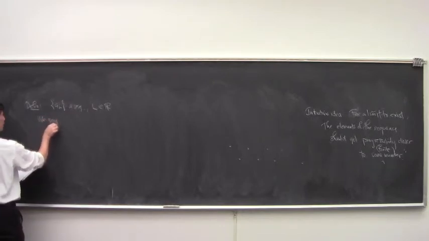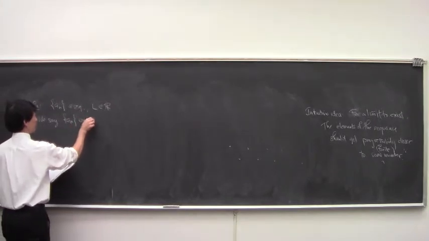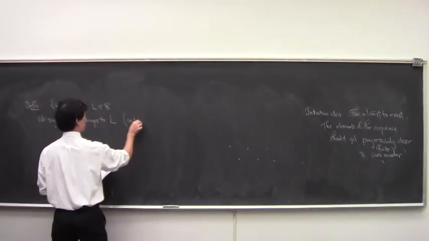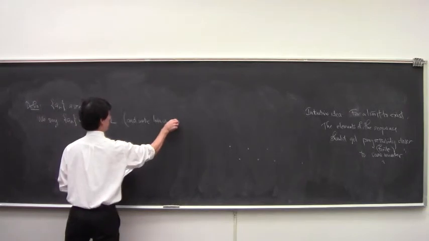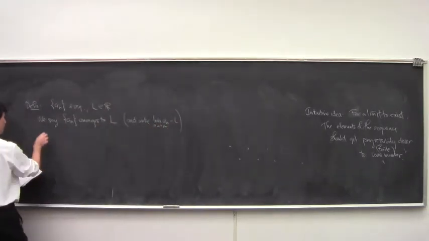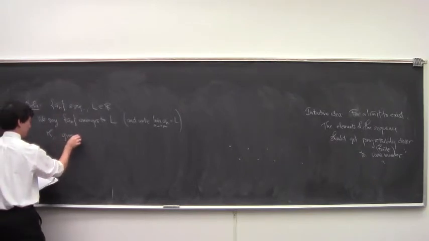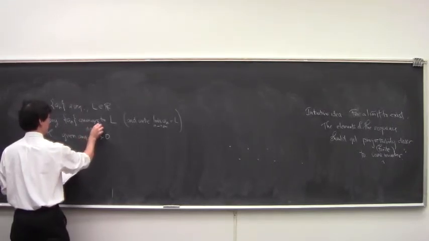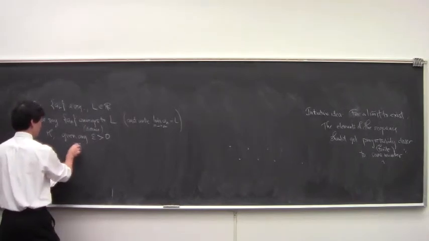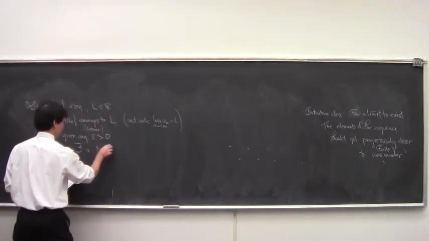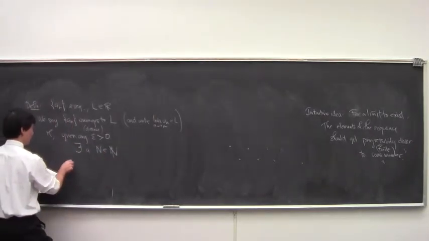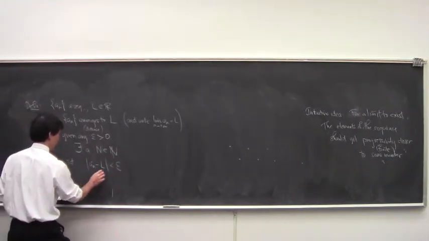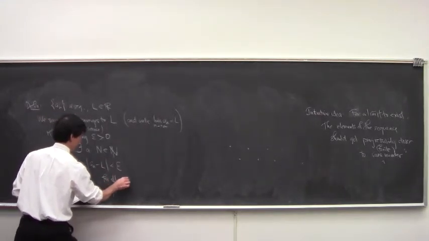We say a_n converges to L, and write the limit of a_n is L as n goes to infinity, if, given any distance epsilon, so you want to think of this as some distance, there exists a number N in the naturals such that |a_n minus L| is less than epsilon for all n bigger than N.